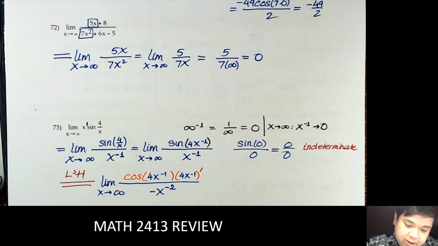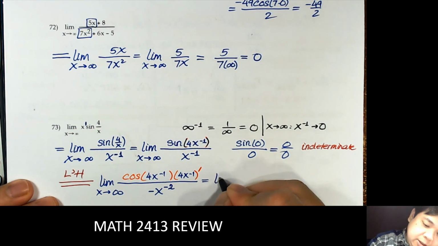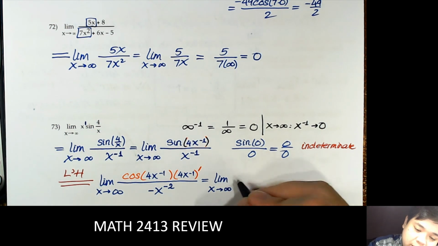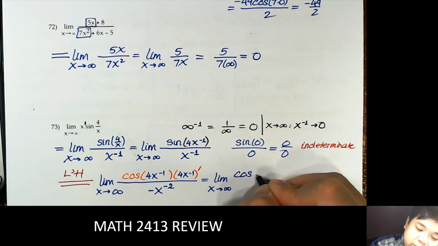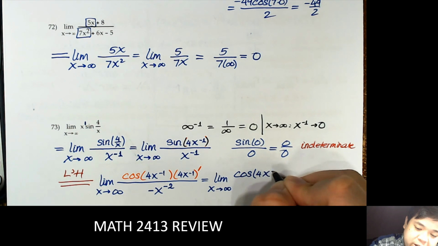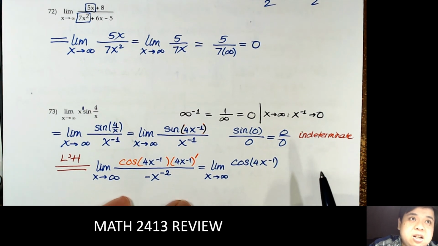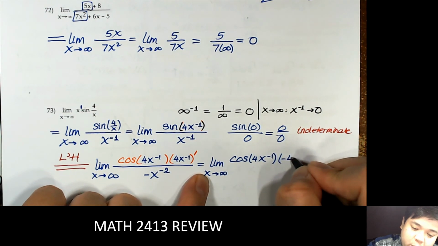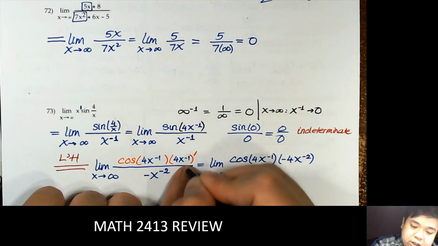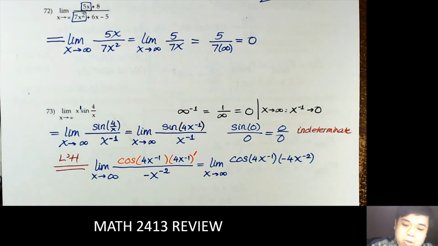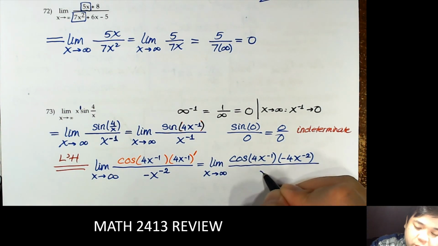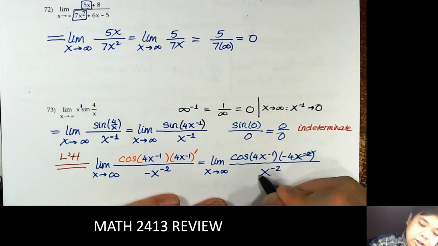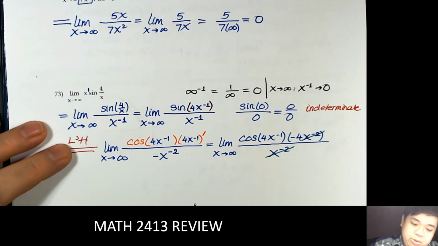Limit as x goes to infinity, we have cosine of 4x to the negative 1. Cannot do anything with that. The derivative of 4x to the negative 1 is negative 4x to the negative 2, taking out the negative 1, the original power. Of that over x to the negative 2. We can cancel the x to the negative 2.